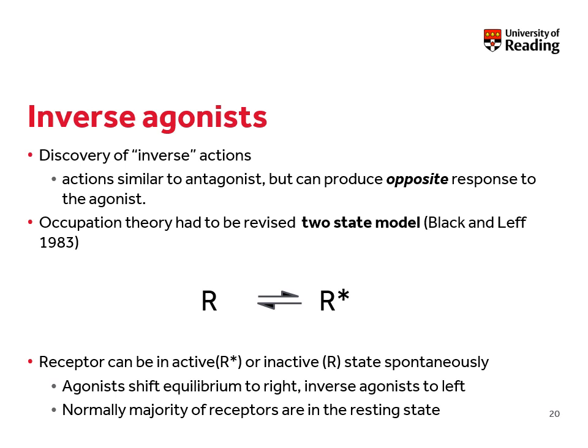This is what we call the two-state model, which was developed by James Black and by Leff. To explain this concept of receptors being able to produce an opposite effect, they said that receptors, like most proteins, do not exist in one state sitting at rest all the time. They're constantly in equilibrium, switching between an inactive state and an active state, cycling without the action of any drugs.